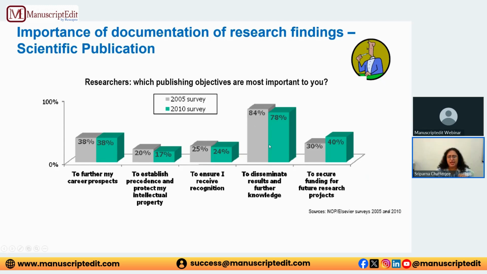You can see that dissemination of results for further knowledge is decreasing, to 78% in 2010 when it was 84% in 2005. And interestingly, securing funding for future research projects increased to 4%, whereas in the 2005 survey it was 30%.